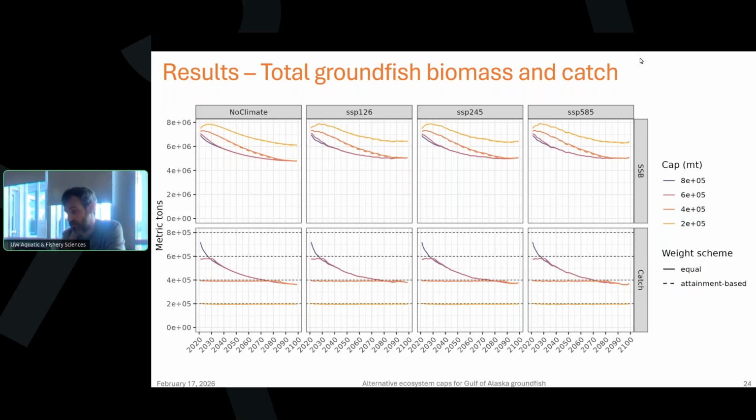Things really change when you start drilling into the single species side of it. So for now, put a pin in that, but at the level of total catch and total groundfish complex, there is a little bit of added noise, but for the most part, the fishery as a whole just carries on through these various scenarios. At least that's what the model says.